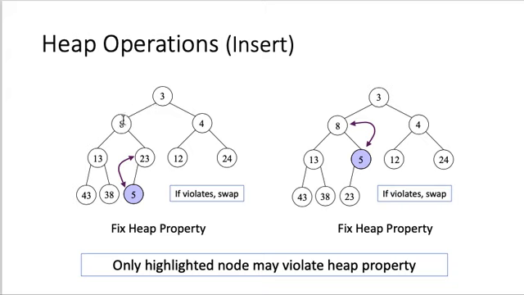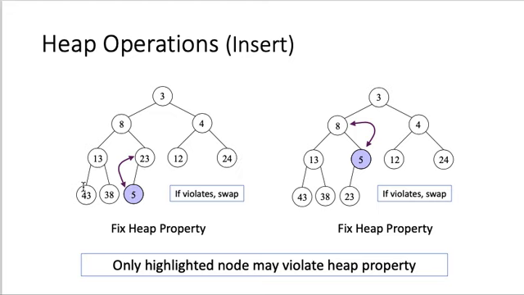And for the correctness of why this is working, we just need to focus on the movement of this highlighted node. It is because we can show that only the highlighted node and its parent, at any time, may violate the heap property. If you look at this case, this is the highlighted node and this is the parent. This is before we do anything.